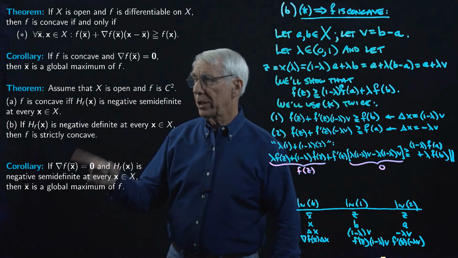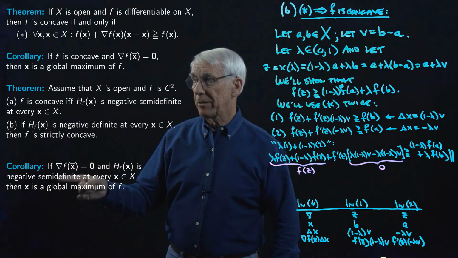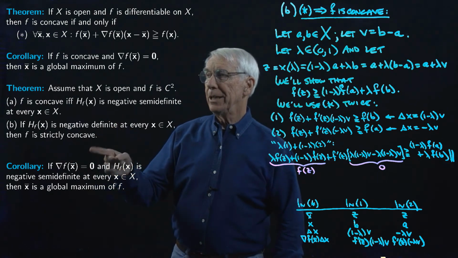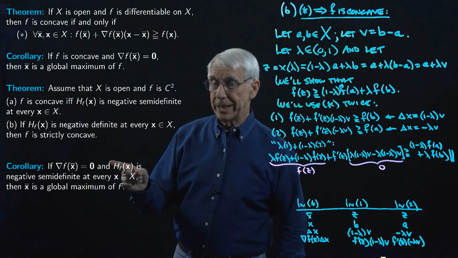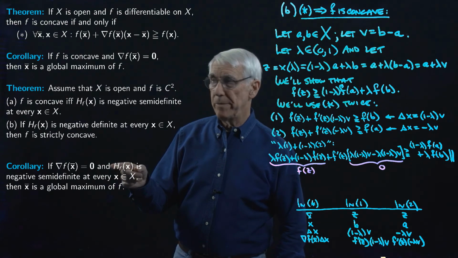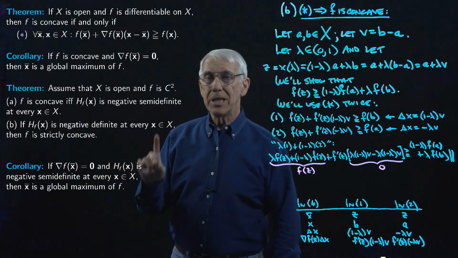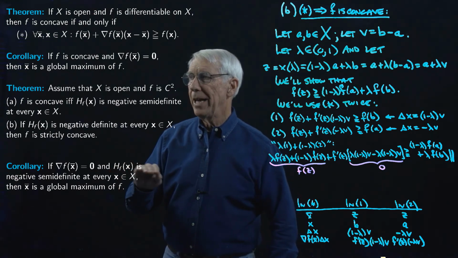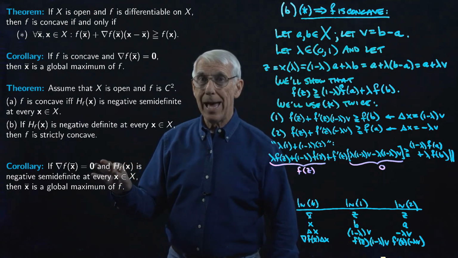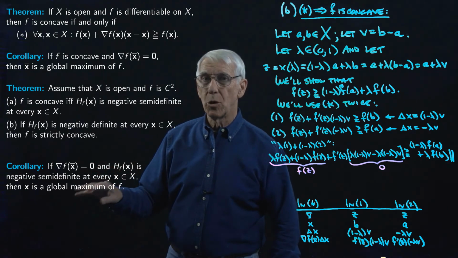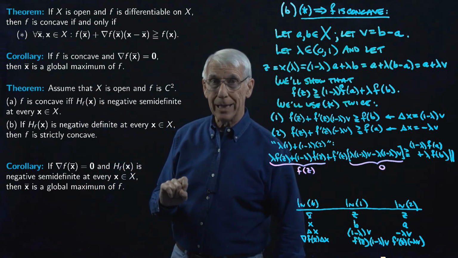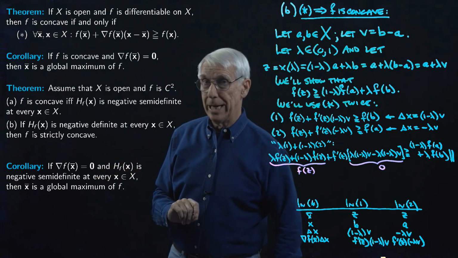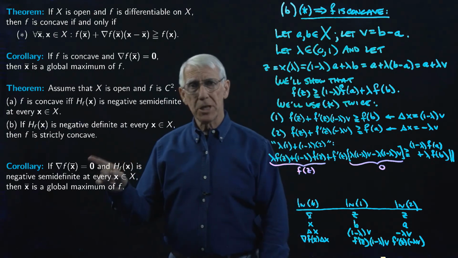Here, while we're looking at a specific vector like x bar being a global maximum, the condition in terms of the matrix of second partials, H of x, the Hessian matrix, has to be satisfied not just at x bar, but everywhere in the domain. And that's the trick that makes this corollary go: the matrix is negative semi-definite on the whole domain.